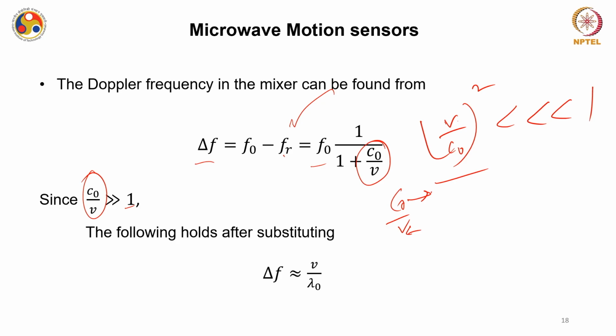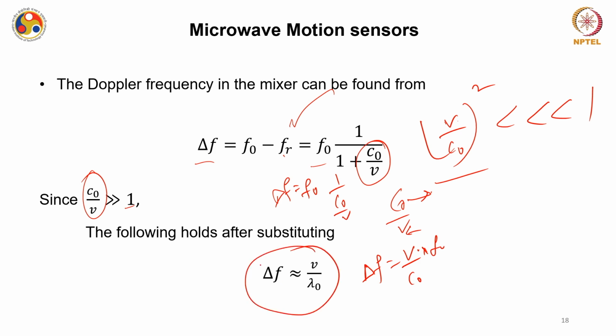Therefore, if I substitute this, I can write delta f as F naught into 1 by C naught by V, or delta f is equal to V by C naught into F naught, or delta f in terms of lambda can be written as delta f is equal to V by lambda naught, where lambda naught is the wavelength of the initial or the reference signal.